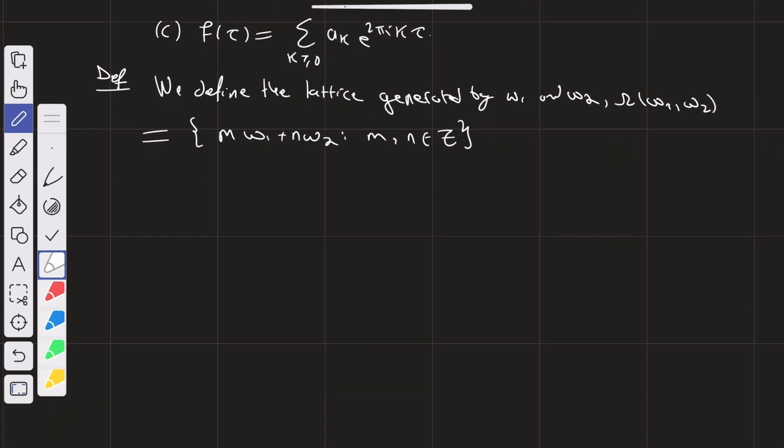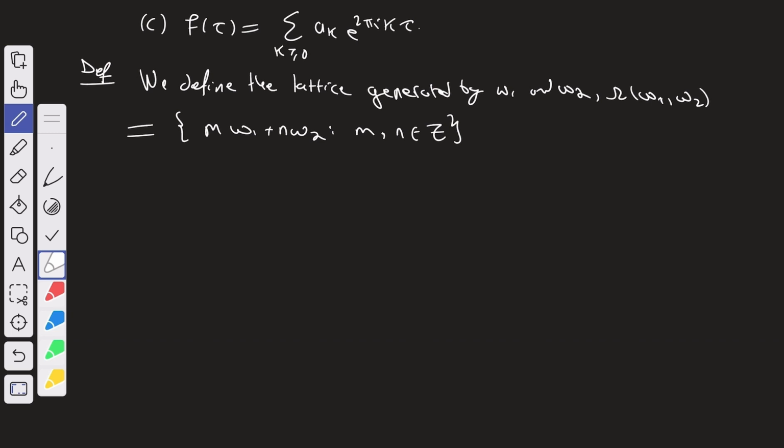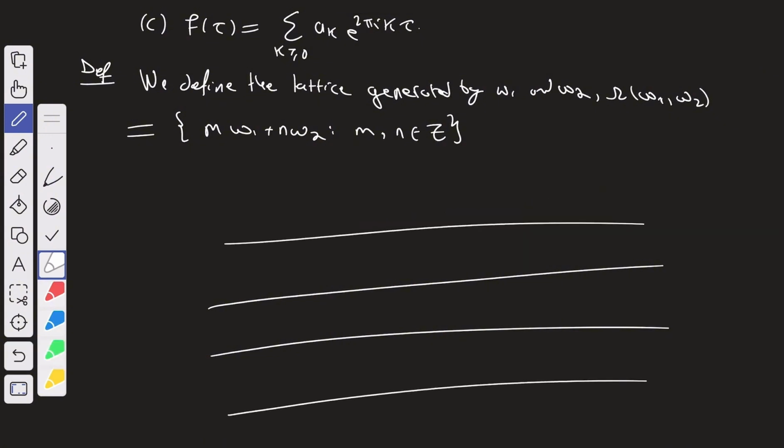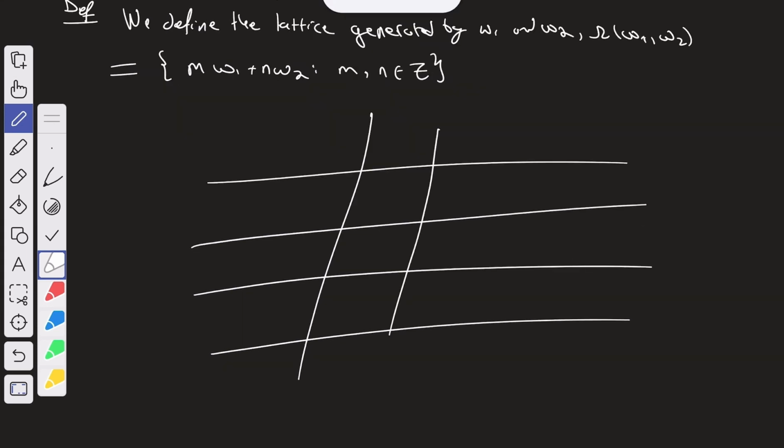So in other words, what we're doing here is that we have this kind of picture where say this is 0, this is omega 1, and this is omega 2, and we collect all these integer linear combinations of these two periods.